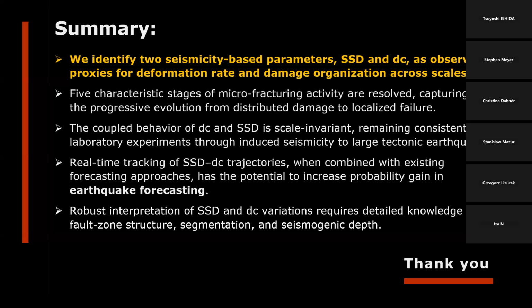And I think that for us, the most important is that we find two metrics, SSD and DC, which are based only on a basic seismic catalog. And what is very interesting, they can be applied across scales from laboratory to very large earthquakes, and they behave in a very similar way.